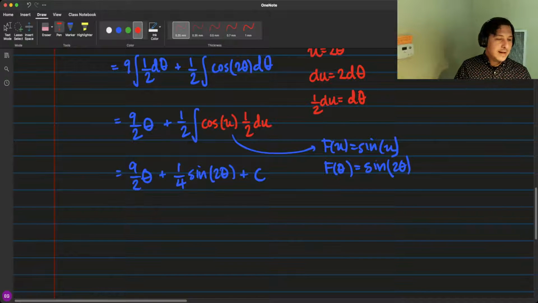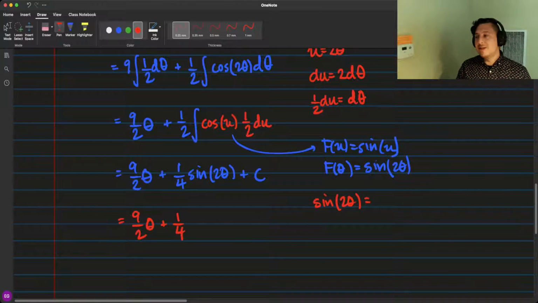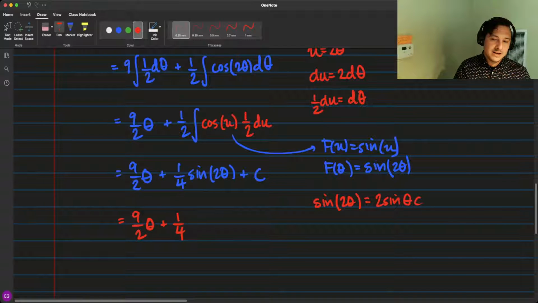But before we do that, I'm going to put 9/2 theta plus 1/4. Do you remember the double angle formulas? What is sine of 2 theta equal to? It's equal to 2 sine theta cosine theta.